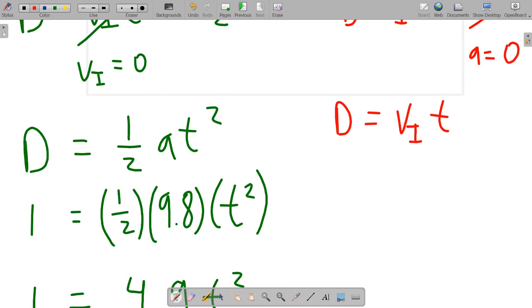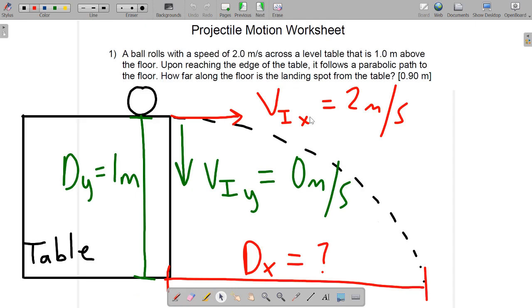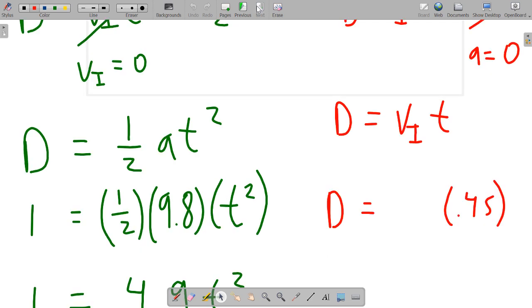Now, we just said what was the time in free fall. The time in free fall was 0.45 seconds. And what about the initial velocity in x? Well, the initial velocity in x is just 2 meters per second. And of course, since the velocity stays constant, that velocity should just be 2 meters per second from here to here. So let's plug this into this equation.